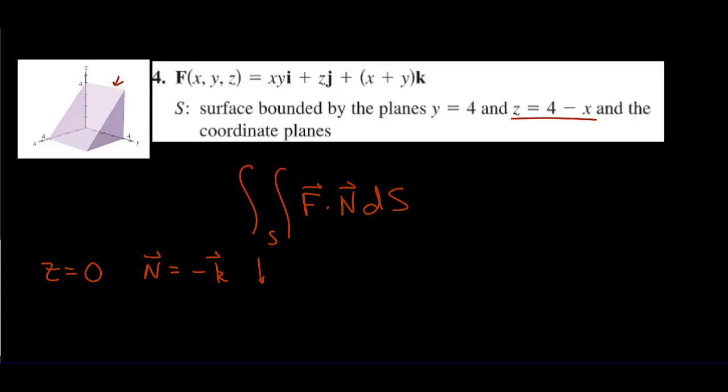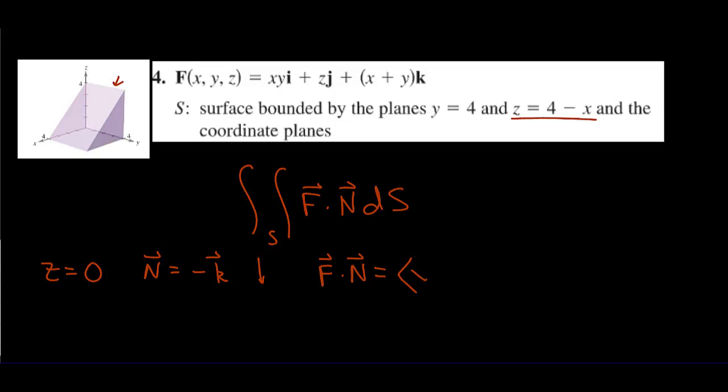Now, what we want to do is immediately calculate F dot n for this particular n. Let's see what that is, and then we'll integrate it. When z equals 0, here's what we have.